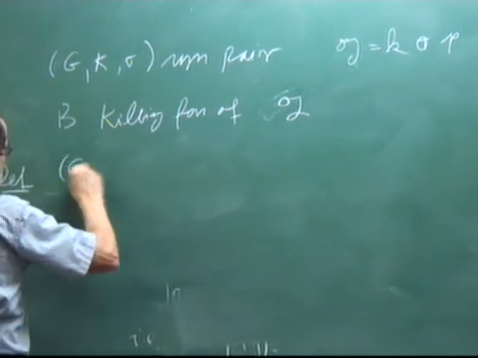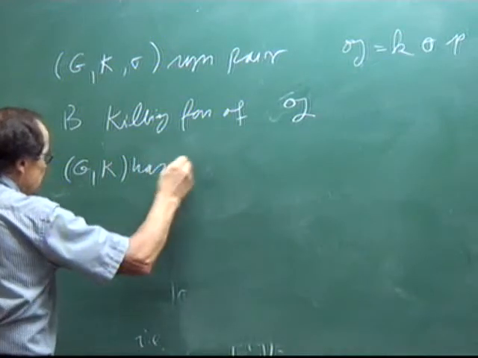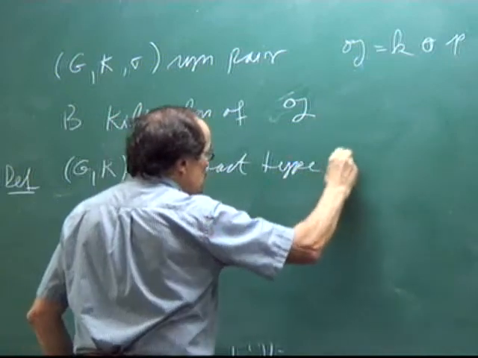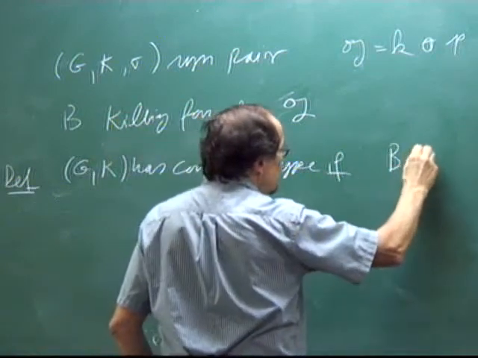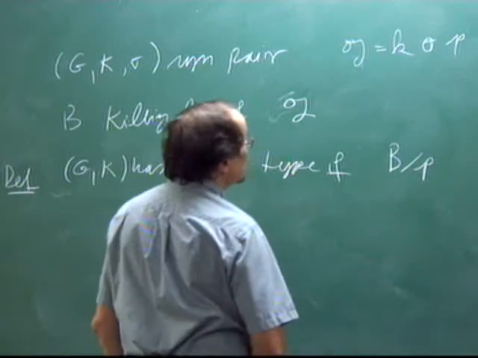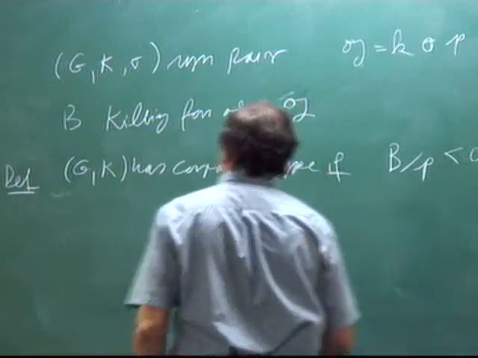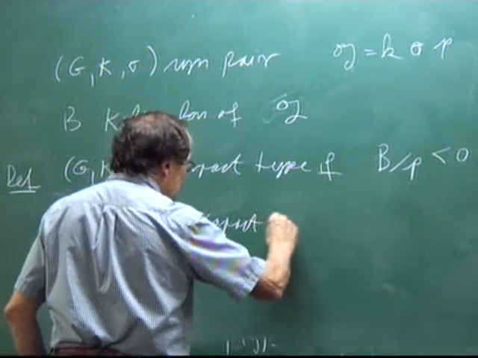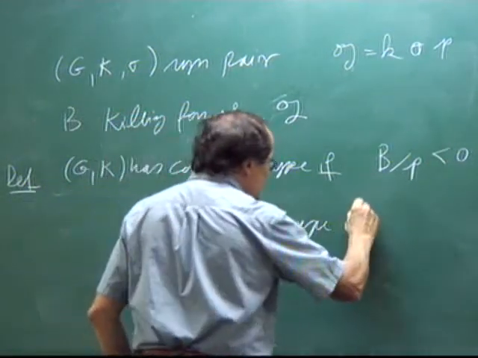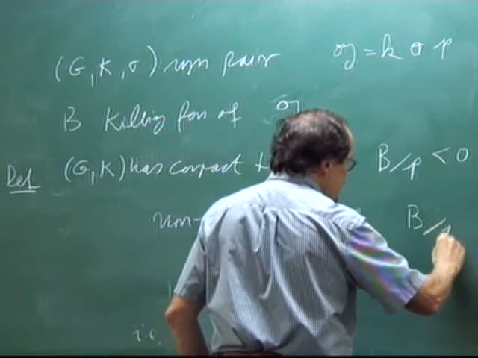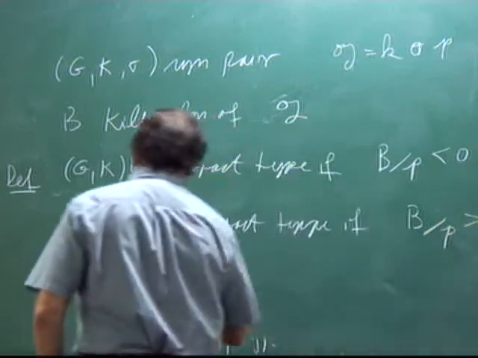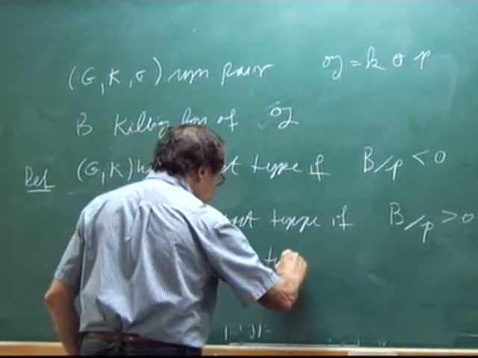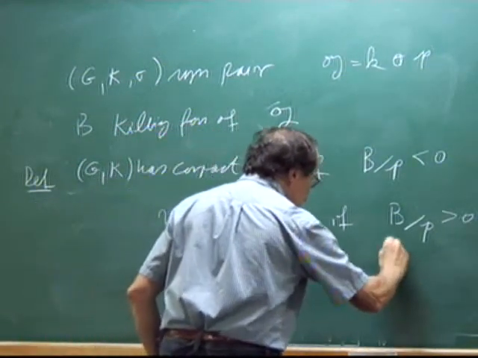G mod K, with the pair (G, K), has compact type if the Killing form on P is negative, has non-compact type if the Killing form on P is positive, and Euclidean type if the Killing form on P is 0.